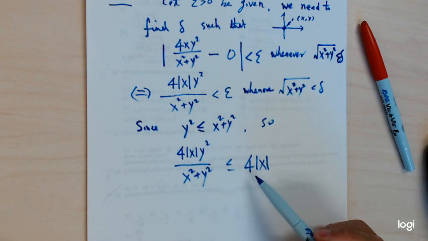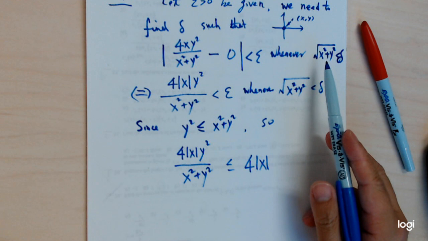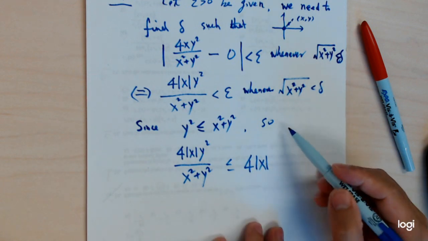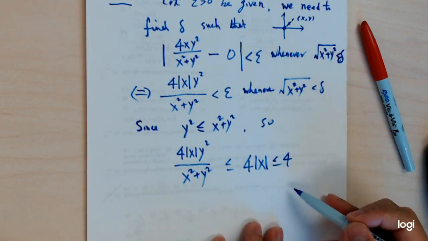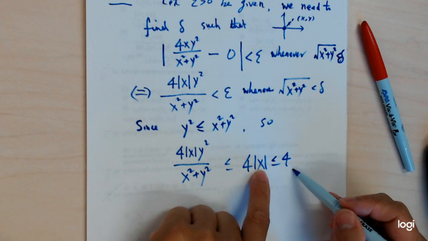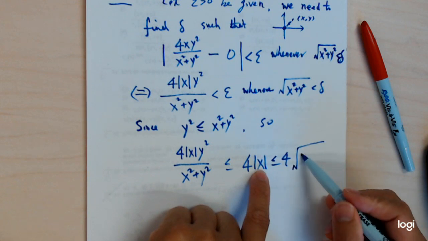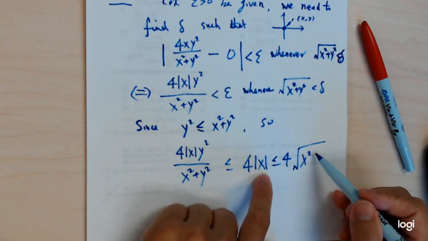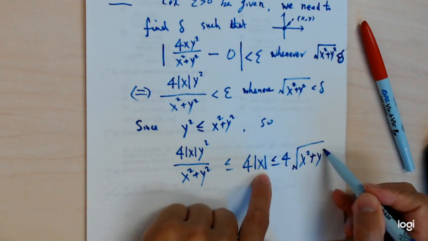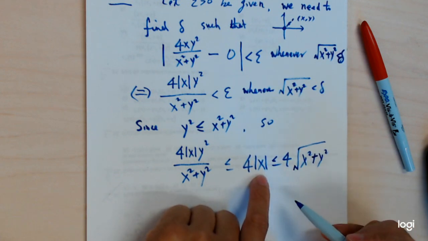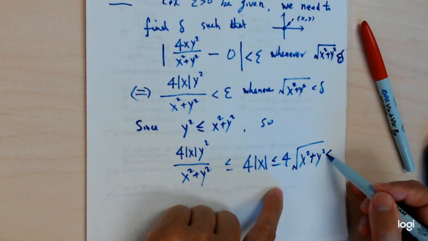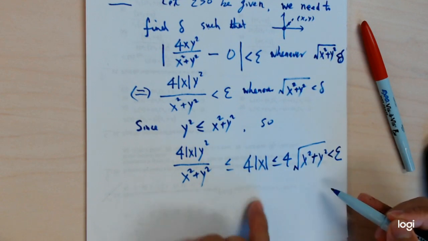But then somehow I need to connect this with the square root of x squared plus y squared. 4 stays here. The absolute value of x is obviously the same as the square root of x squared. That's identical. So if I add a y squared, this term will be less than this. And I need this less than epsilon.